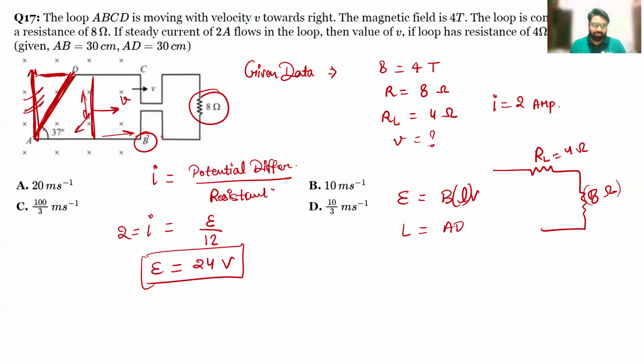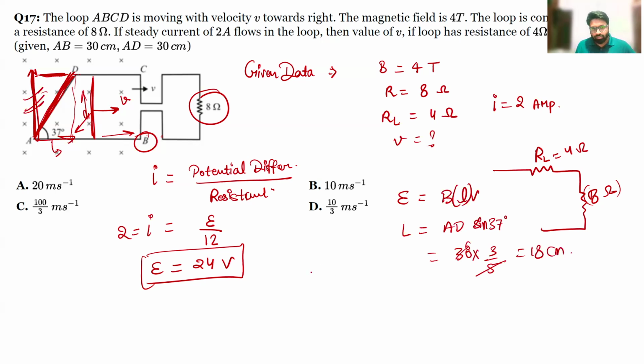This angle is 37, so you can resolve it into two components: this one is cos 37, and the perpendicular one is sin 37. Now AD has a value of 30 centimeter. Multiplied by sin 37, which is 3 by 5, it becomes 18 centimeter.